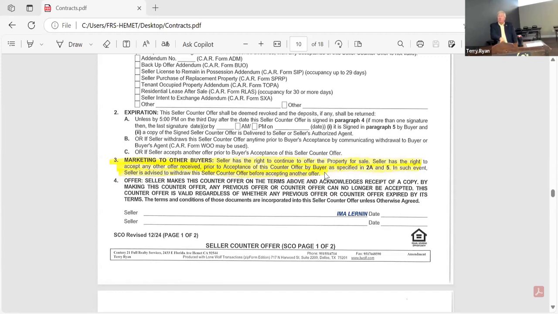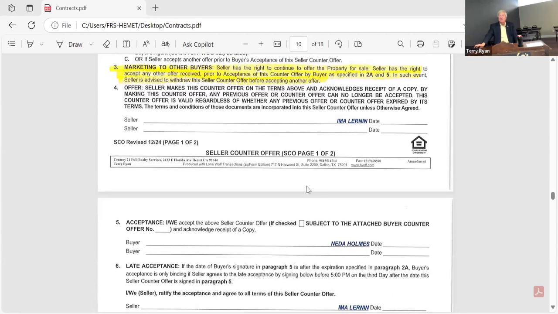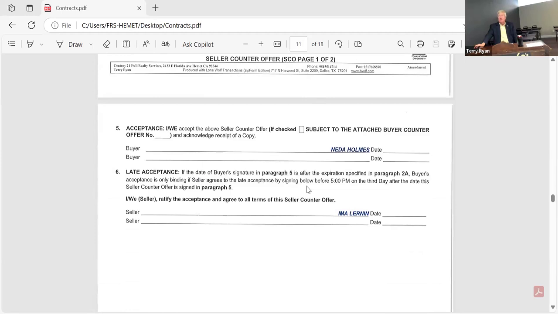I received an offer on Sunday. We wrote a counteroffer on Sunday, and Tuesday another offer comes in. I haven't gotten a signed counteroffer back. I have the right as a seller to accept that new offer. And then I just let the other people know that I'm sorry, but we accepted another offer.